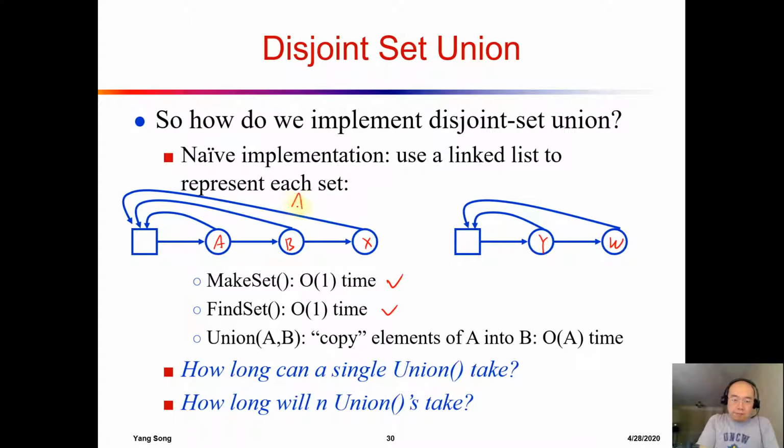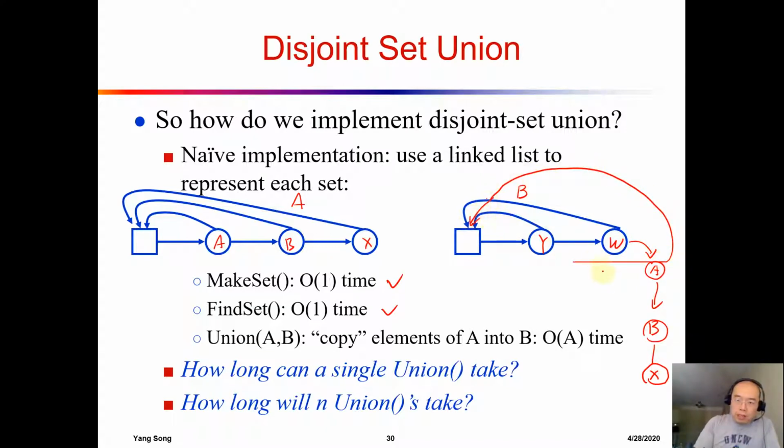Say this is set A, and this is set B. When we do a union of set A and set B, we just move A, B, and X into the other set. Of course, we also add the back references: A will refer to the head, B will refer to the head, and X will refer to the head as well. This is how we can do the union.